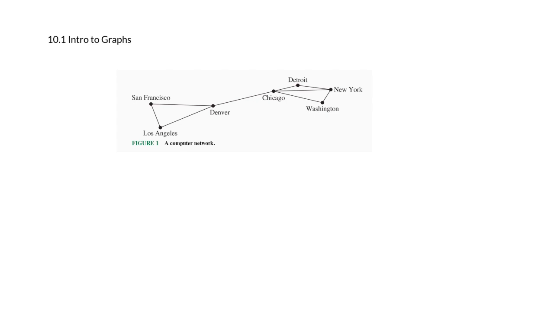So we put a point for every city that we have a server in, and we connect those cities by a straight line which have a communication link together. And here we can model our network with this representation. Now, this representation is an instance of a mathematical object called a graph.